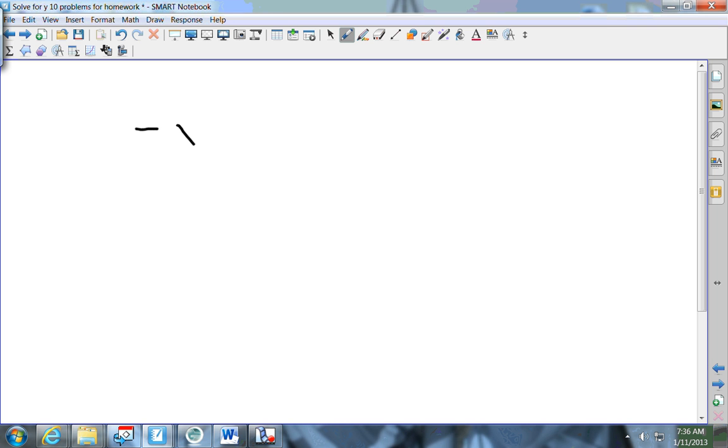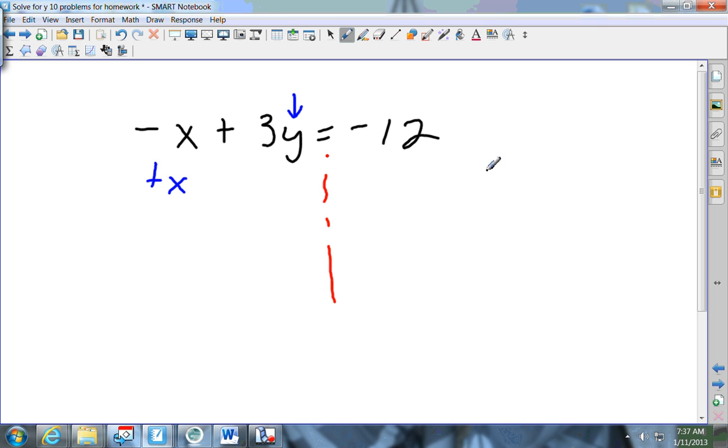Next one, negative x plus 3y equals negative 12. Okay, putting that into slope-intercept form. Again, y, you want it by itself, so I'm going to do addition and subtraction first. I'm going to add x to each side.